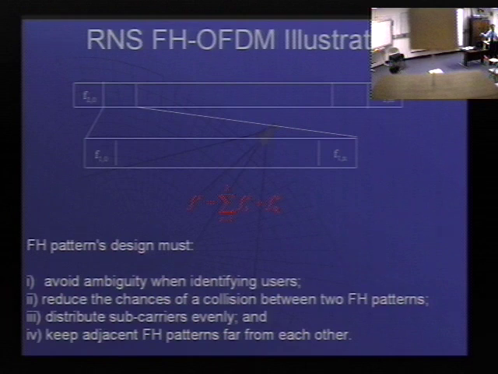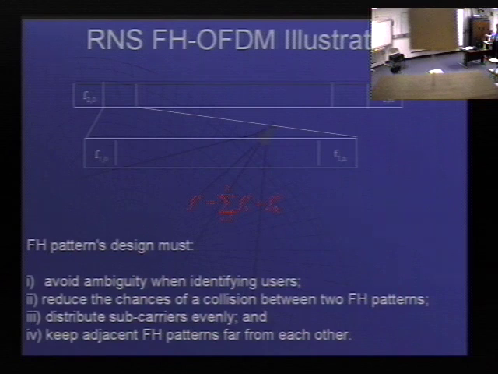Next time I jump into a different Walsh code, and then another one, since Walsh codes are limited. And also try to keep the adjacent frequency hopping patterns far from each other, so they don't step on each other.